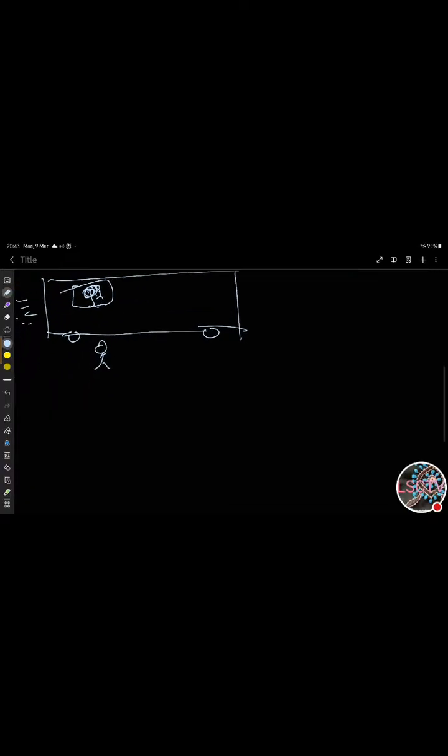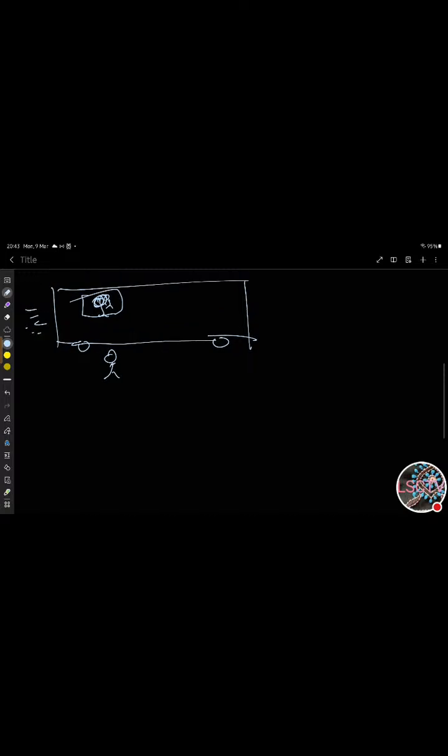Okay, I'll just answer this question. See, the bus moves, your friend keeps on disappearing, no? Even though you know that your friend isn't moving, with respect to you, he appears that he is moving, going backwards.